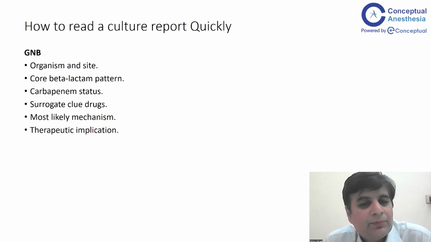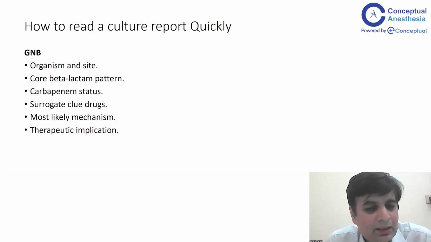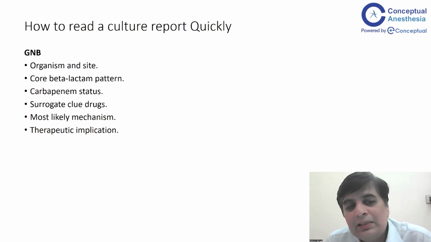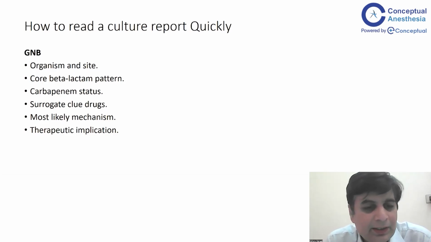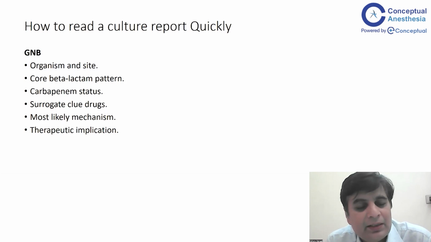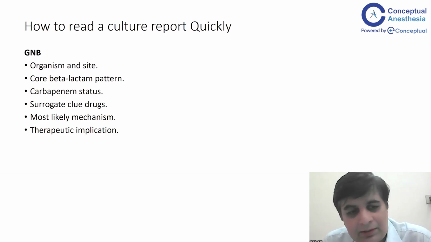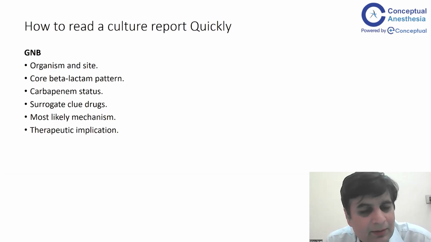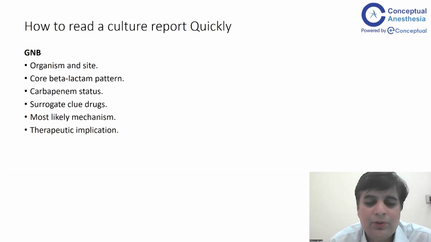In that beta-lactam pattern, if the resistance pattern is there, then you also see the carbapenem status, and then you have to see little clue drugs sensitivity, which is actually not used clinically, but they are always given in the reports, and there is a reason behind why they are given in the reports. We'll be discussing that, and from that you have to understand what could be the most likely mechanism, and then according to that you will choose the drugs.